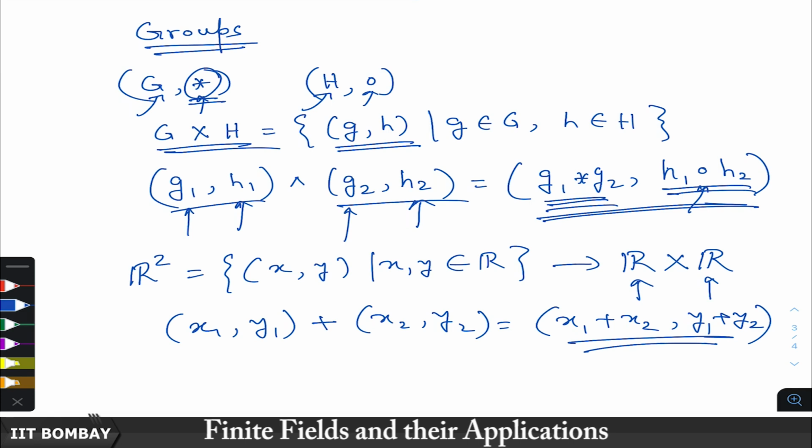So, you see that the operation is indeed defined in the way that we defined here, and it can be checked that G cross H is in fact a group under this operation in general. So, if we are given any two groups with their respective operations, you can define a product group, called the direct product of G and H, where the operation is defined to be component wise. So, this is the direct product.